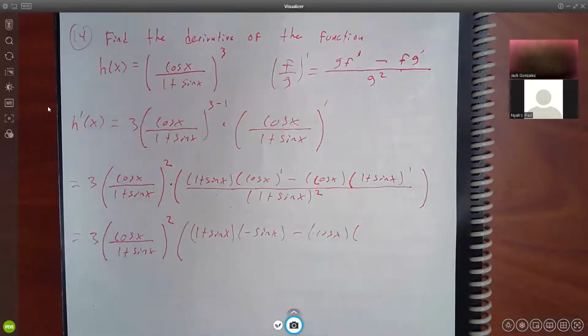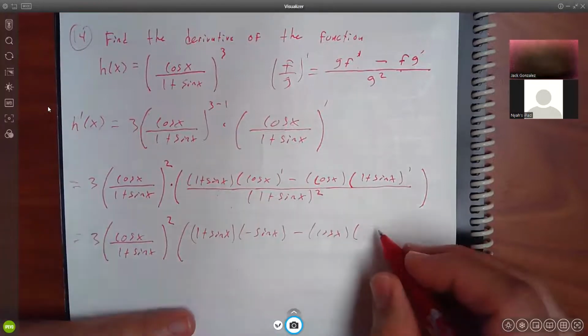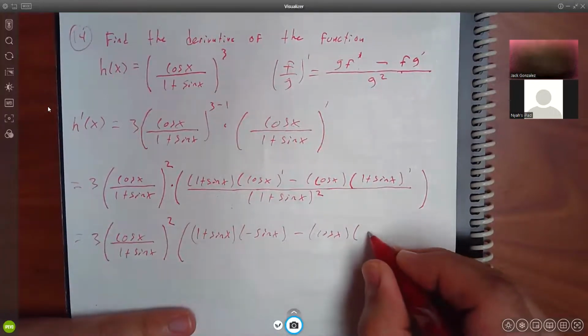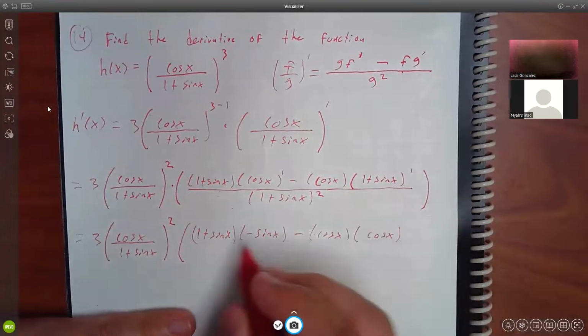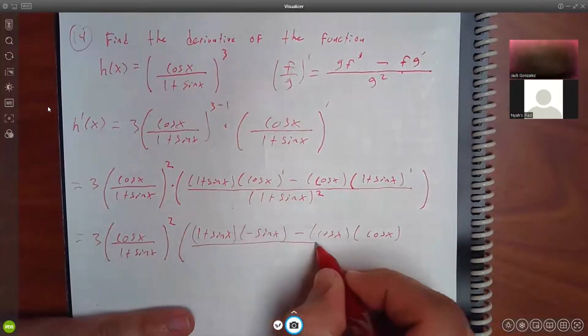It's cosine, just cosine, right? 0 plus cosine. Cosine squared. Yeah, that's true.